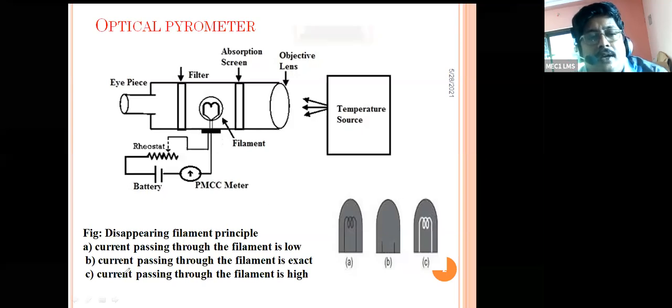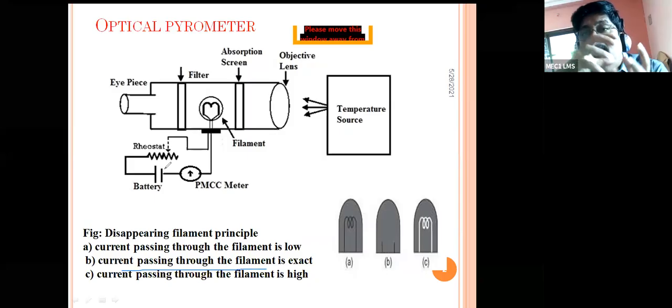See here, current is passing through the filament. When the current is passing through the filament, the light glows, obviously. When the radiations from the body fall on the filament, this filament will disappear. That means both are coinciding. So at that particular current, the filament disappearing means it is coinciding with the temperature of the radiation-emitting body. Whenever the filament disappears, at that particular current we measure with the help of the PMCC. That current is calibrated in terms of the temperature of the body.